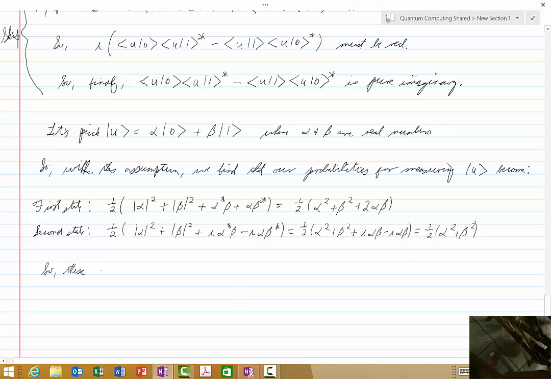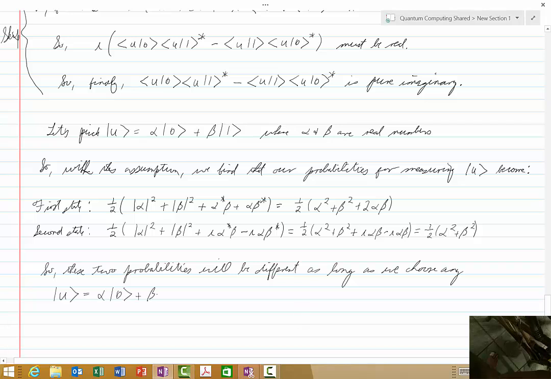So, these two probabilities will be different as long as we choose any u equal to alpha times the 0 ket plus beta times the 1 ket, where alpha and beta are real and neither alpha nor beta is 0.